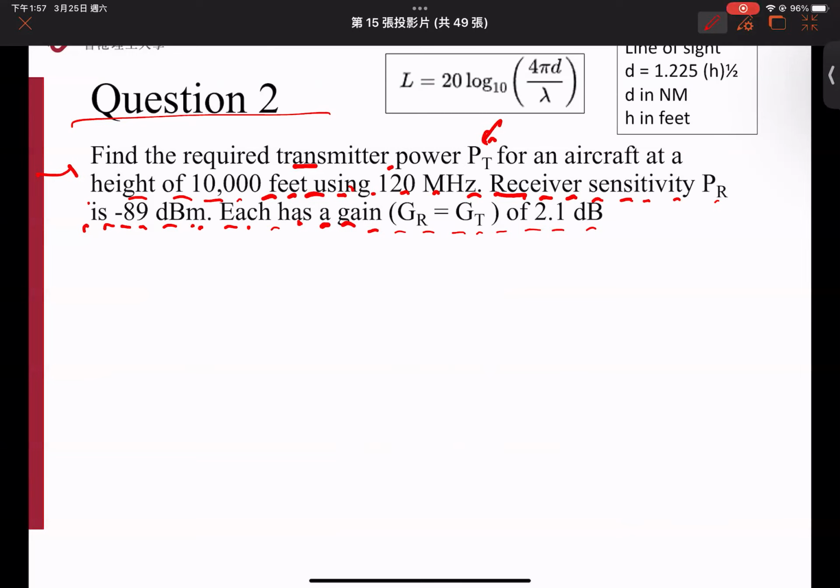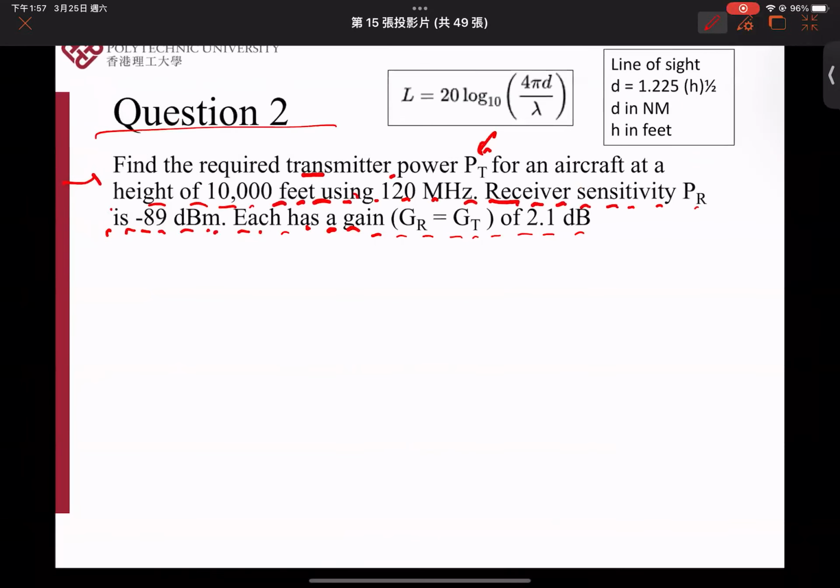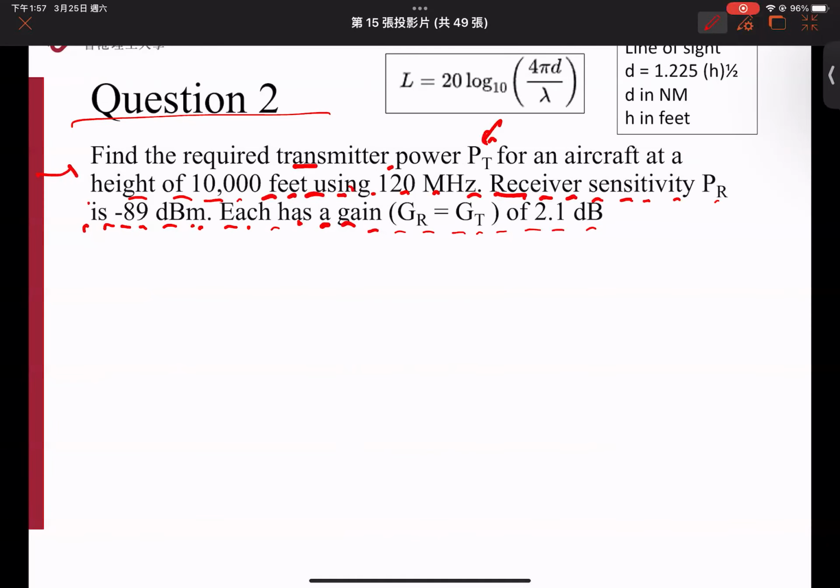So first of all, we need to know how long our signal is going to be transmitted, right? But it looks like we only have the distance information in terms of the height of the aircraft. But actually in the previous class, in the lecture, we know that our surface is round.